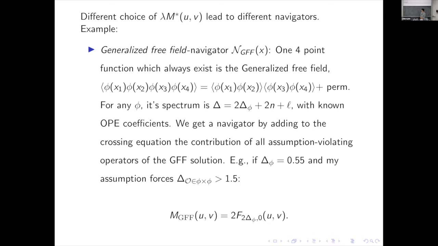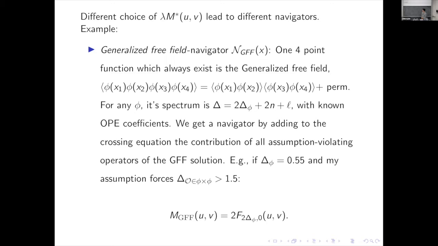We remember that we got the original crossing equation as derived from the 4-point function of 4 identical scalars. Well, one valid CFT 4-point function with 4 identical scalars is the GFF 4-point function, which you get just by Wick contractions. This will exist for any value of the scaling of the operator phi.